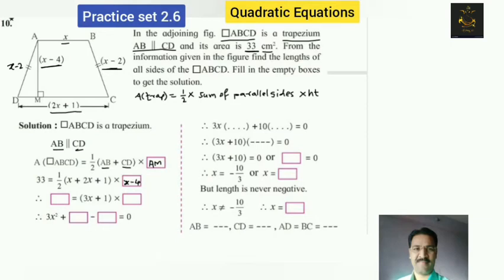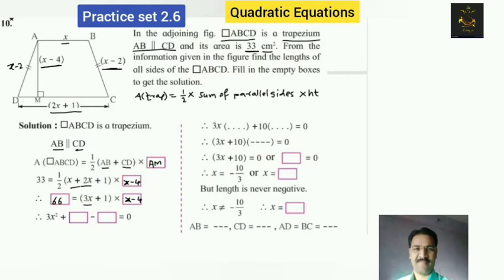Okay, now here we have to simplify. 33 twos are 66. Now after that we have to multiply here. First, x plus 2x is how much? 3x. Which is what they wrote here, 1 here, and here x minus 4 we have to write as it is.